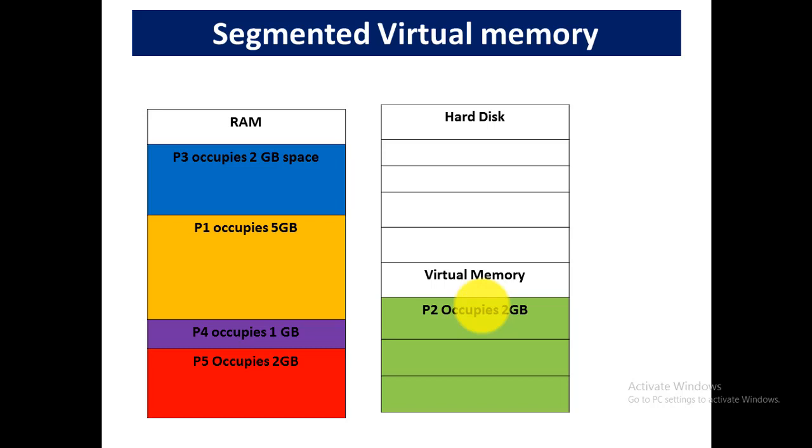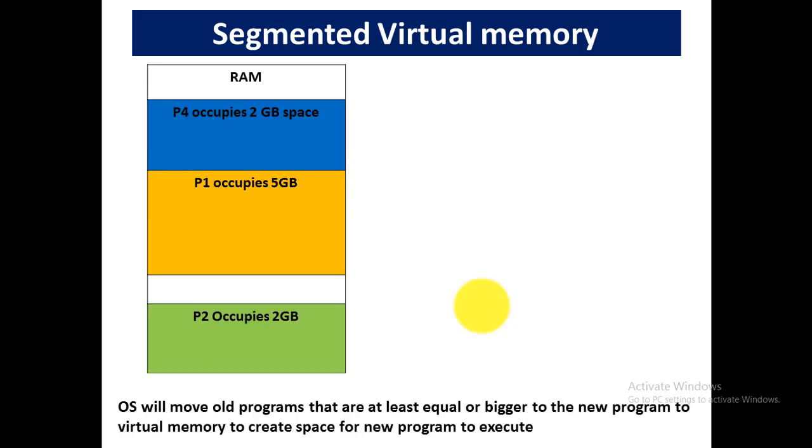frequently. There is an important point which we must notice. There are some scenarios in which there is a gap between the segments. There is a fragmentation between the segments which leads to memory fragmentation. As we can see in the next slide, here is a RAM which has P1, P2 and P4, but this 1 GB space is unused.